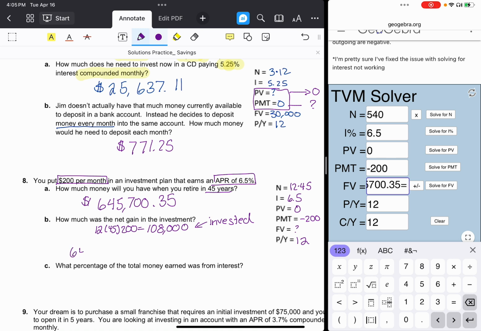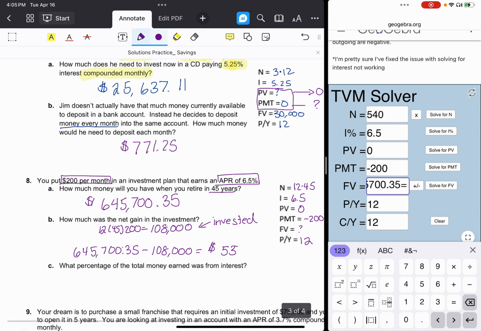And so take the money that you ended with in the account, subtract the amount we invested, and we find that you gained $537,700.35. Oops, I'm going to make that a little neater. Sorry.